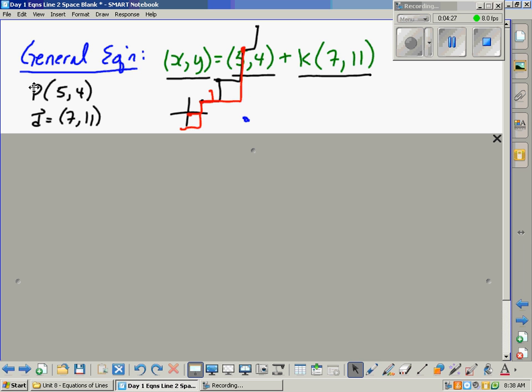That's why it doesn't matter whether we use the 5, 4 or if we use the other point, the -2, -7, because that point's on the line as well. So I'm just going to get rid of all this so that we can actually see what's going on. But that's the idea behind these equations. So there's the general equation.